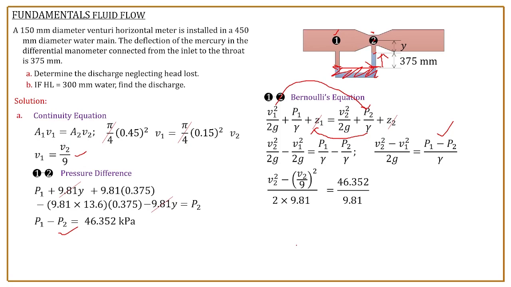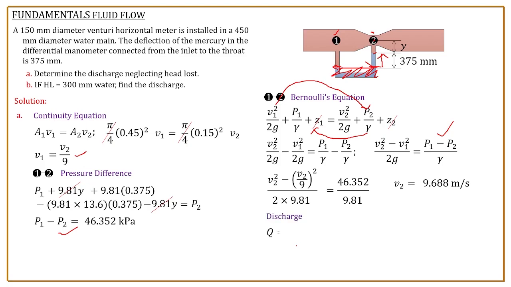Okay, our answer here is V2 equals 9.688 meter per second.